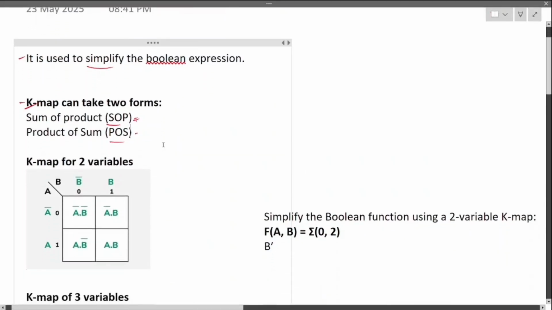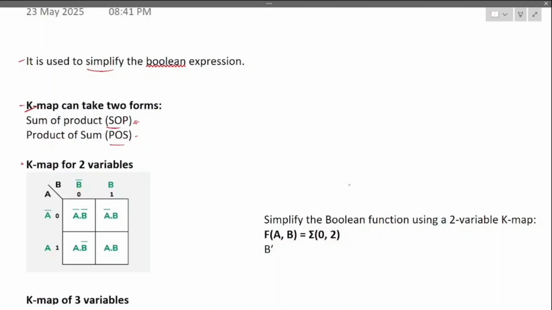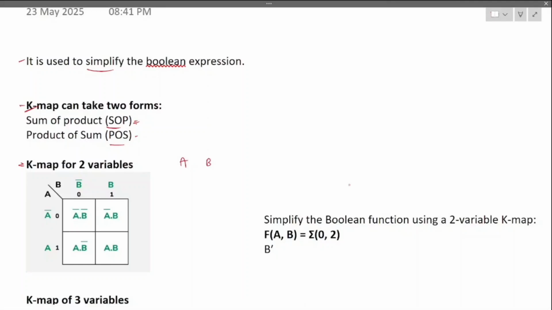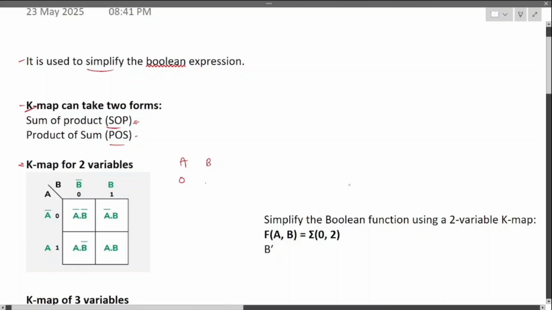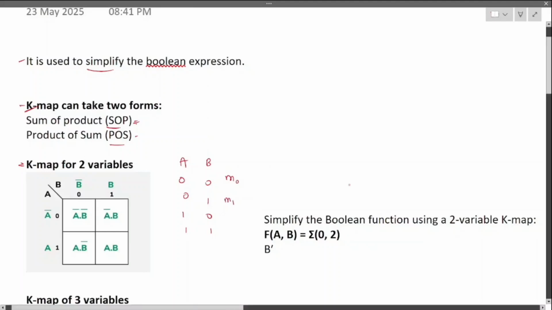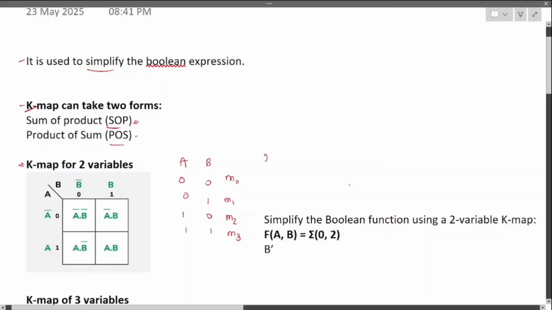KMap for two variables. Okay, now come to the KMap for two variables. So two variables, let it be A and B. So what are the minterms? We have 00, 01, 10, 11, right? The minterms are m0, m1, m2, m3.